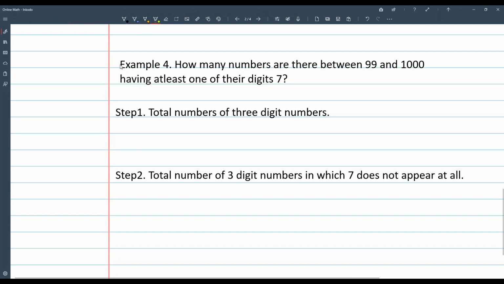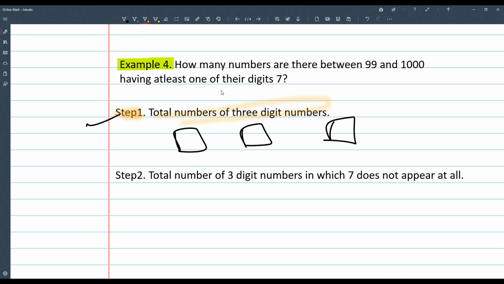Now let's see some similar questions. Example number 4. How many numbers are there between 99 and 1000 having at least one of the digits as 7? Now here the condition is that the 3-digit number should contain at least one 7. So I'm going to solve this question in 2 steps. Step 1 says, first of all, we are going to find all 3-digit numbers.